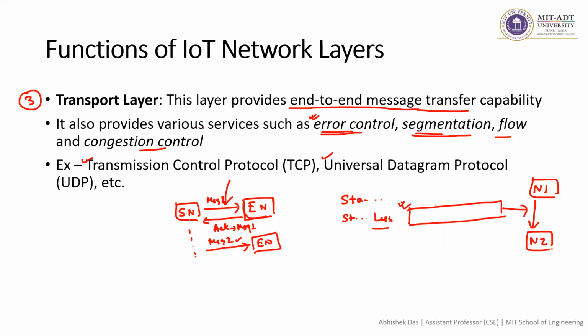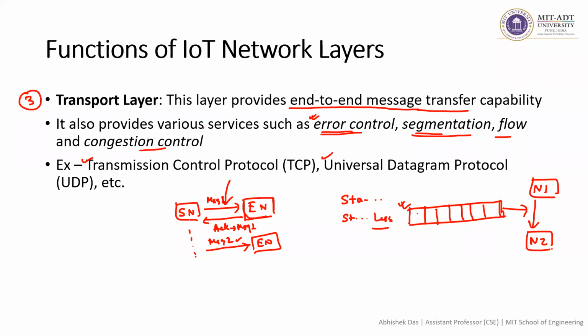So the transport layer is responsible for segmenting the data, which means it breaks the data into simpler forms, and that is what we call data packets. So it helps to break a huge amount of data into simpler data packets.